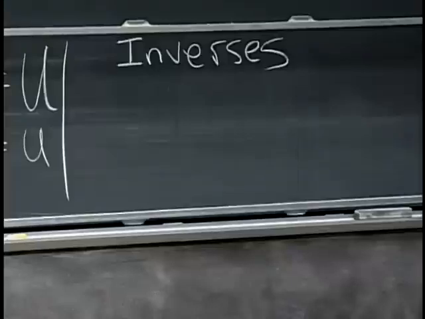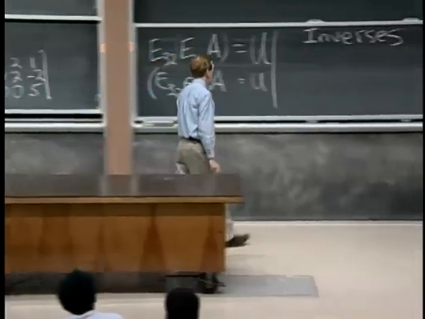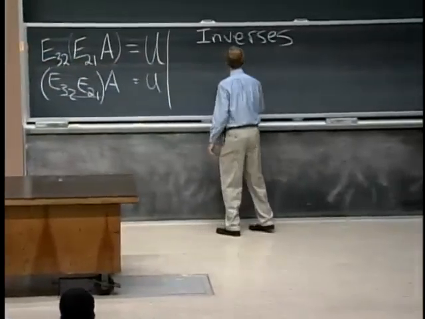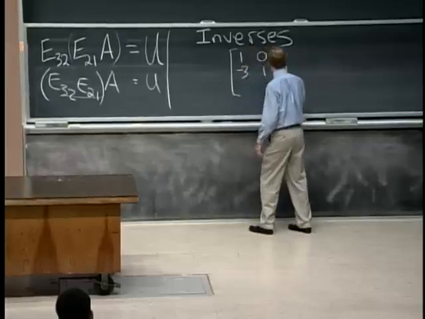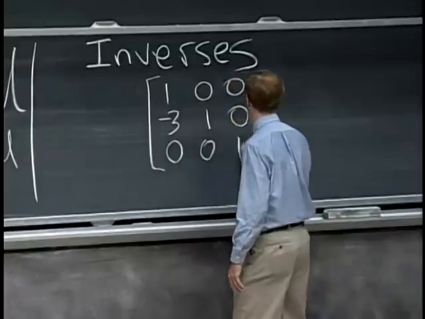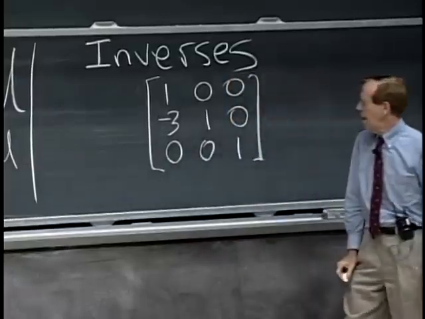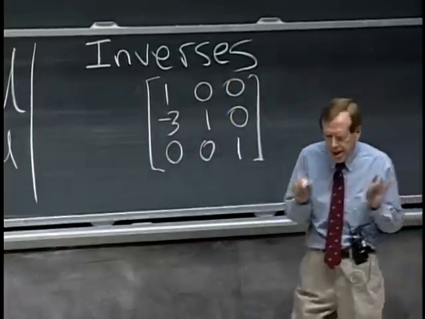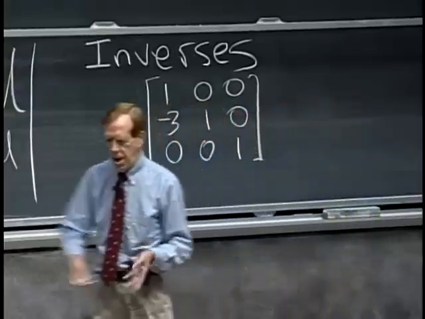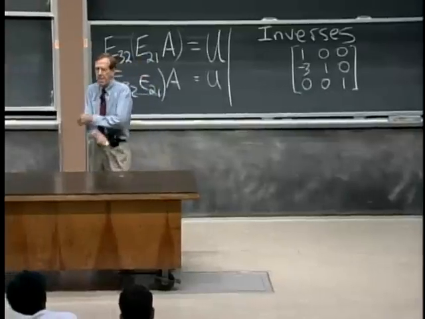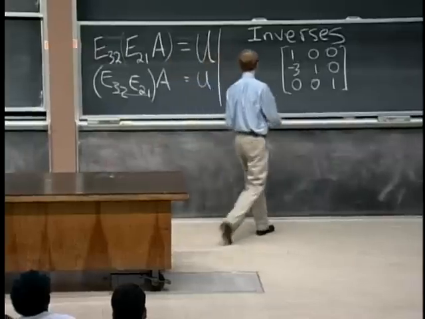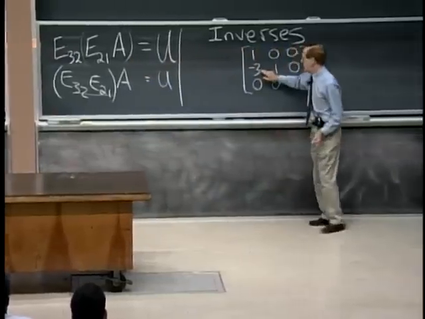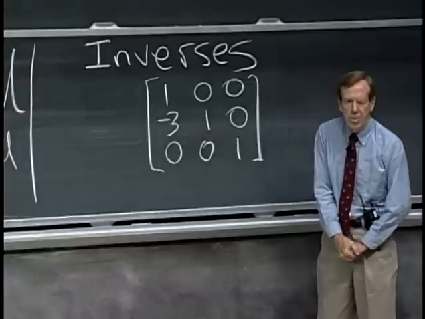The example I'll take will be that E. So my matrix is 1, 0, 0, minus 3, 1, 0, 0, 0, 1. And I want to find the matrix that undoes that step. So what was that step? The step was subtract 3 times row 1 from row 2.